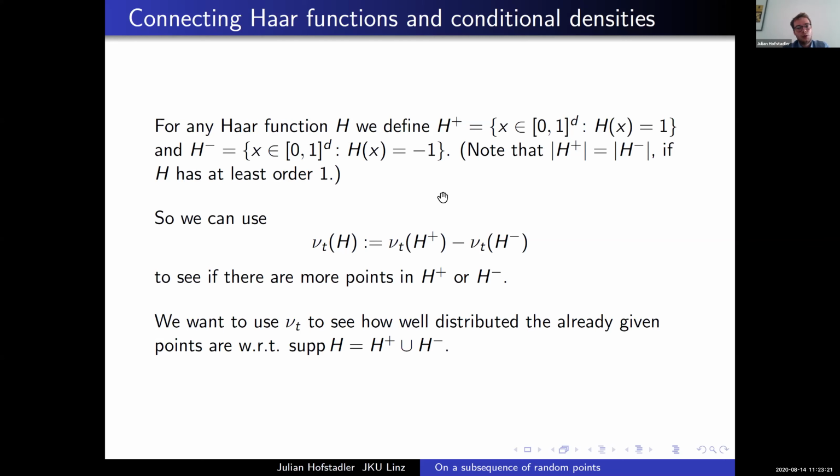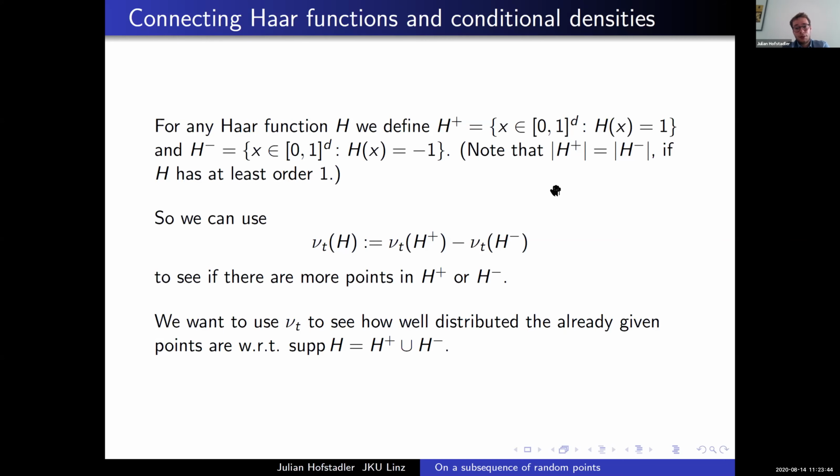And using this information about half functions and this definition, I define the counting measure with respect to a half function as the amount of points which lie in h plus minus the amount of points which lie in h minus. So how can we use this quantity?